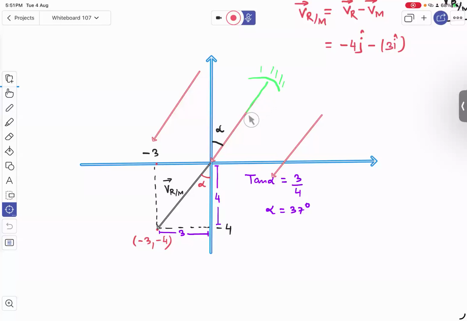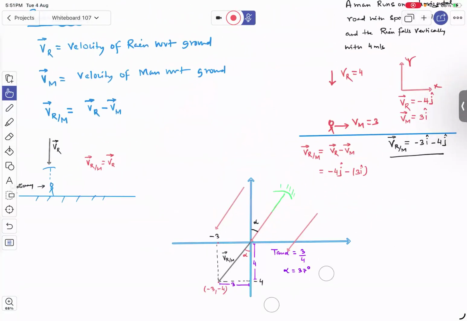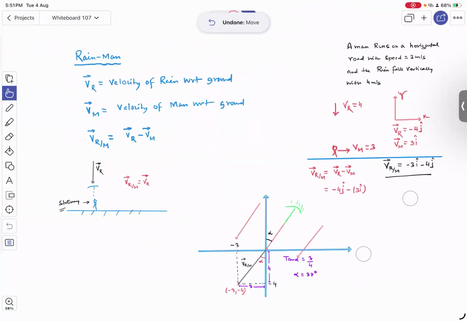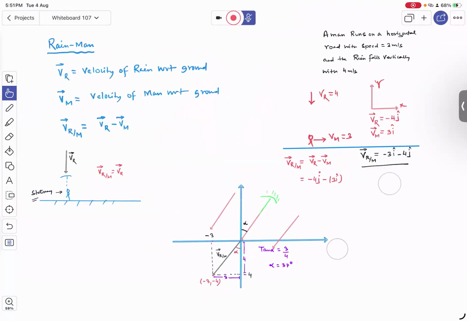So we will place the axis of the umbrella at an angle alpha from the vertical like this. I hope you got the point now that once you find the VRM vector, however you find it, the axis of the umbrella lies along this vector.